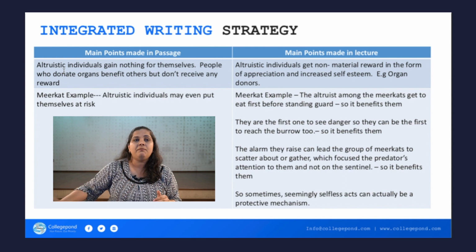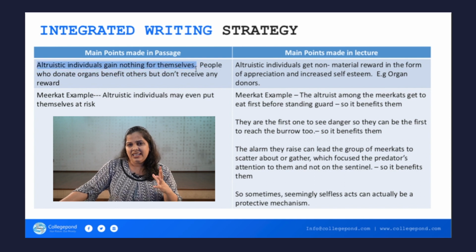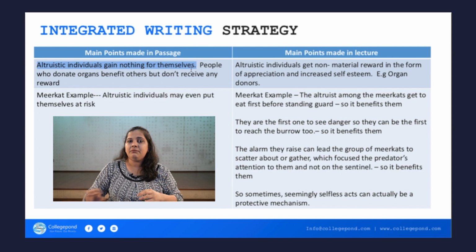So in this particular passage, I saw that the first line itself, or the topic sentence of the whole passage, said that altruistic individuals gain nothing for themselves. It didn't say exactly that, but this was the topic sentence. This was the central idea of that passage.